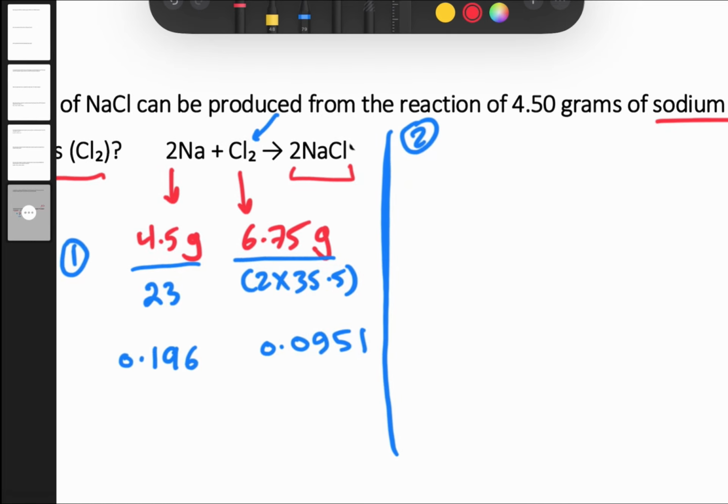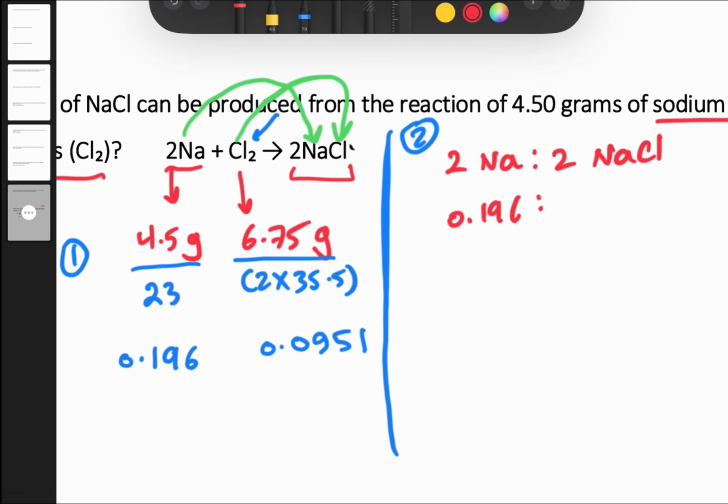All right, so the first ratio is between the first reactant and the product, and the second ratio between the second reactant and the product. So let's go. How many moles of Na do you have? You have 2 Na with respect to 2 NaCl. How many moles of Na did you get? 0.196. And you don't know the moles of NaCl.